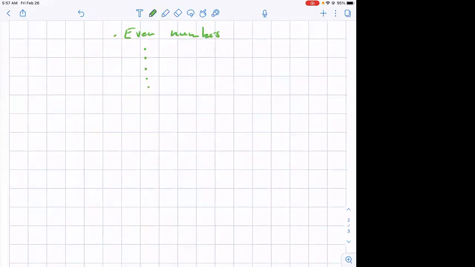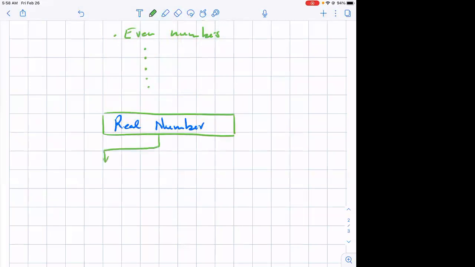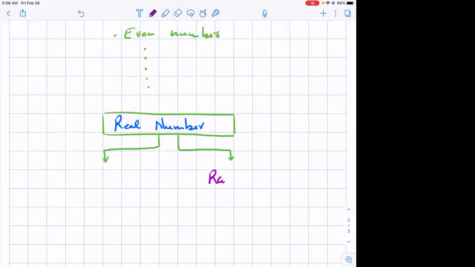Under my real numbers, the two major branches would be rational and irrational numbers.